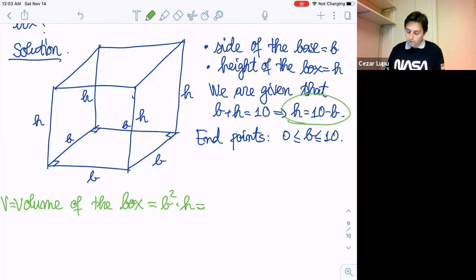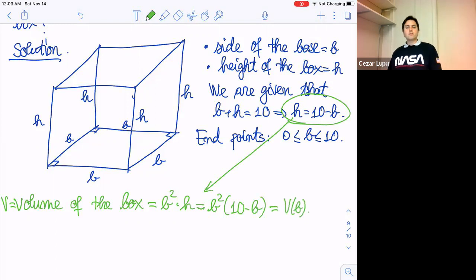So I'm just going to replace H in here. So this will be B squared times 10 minus B. So at this point, this function V is of variable B, as you can see, right?